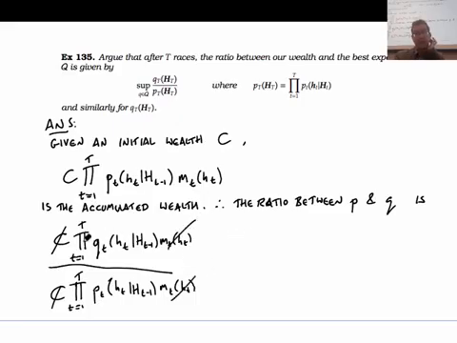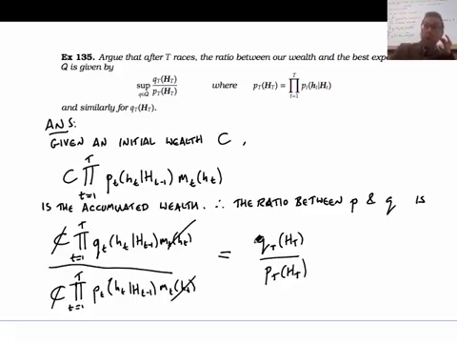So all we're left with is this product here, that's Q_t of h_t divided by P_t of h_t. And then obviously, if we want to consider the one that makes the most money, then I just maximize this expression over the sets of experts.